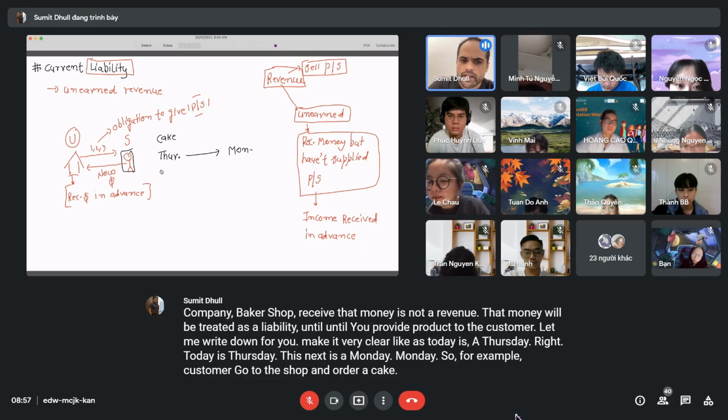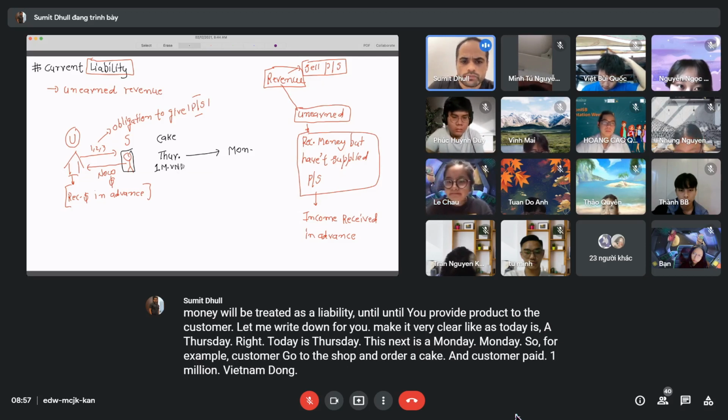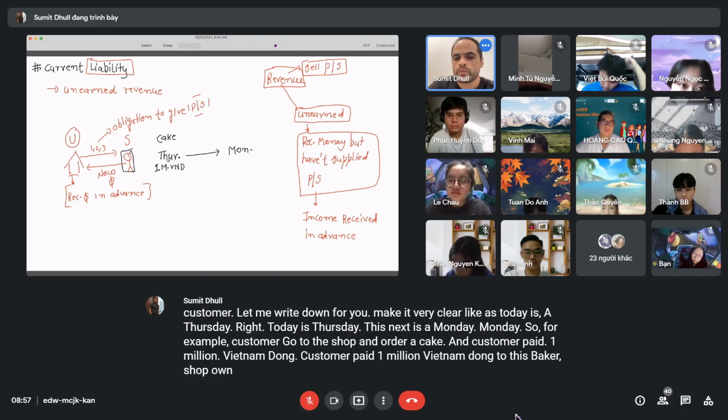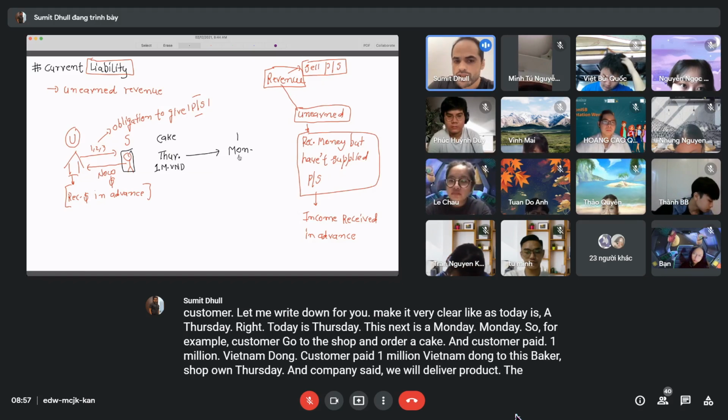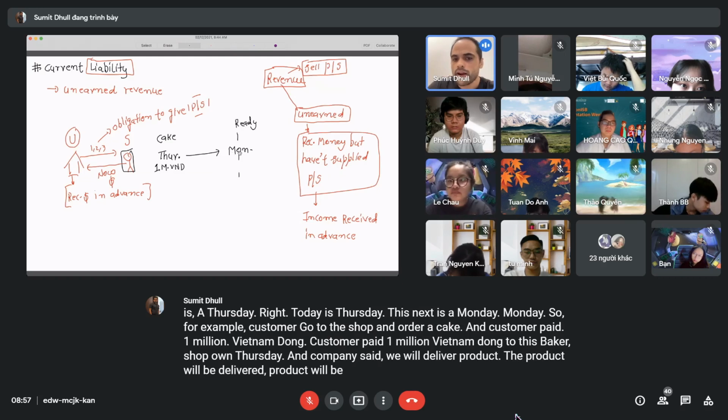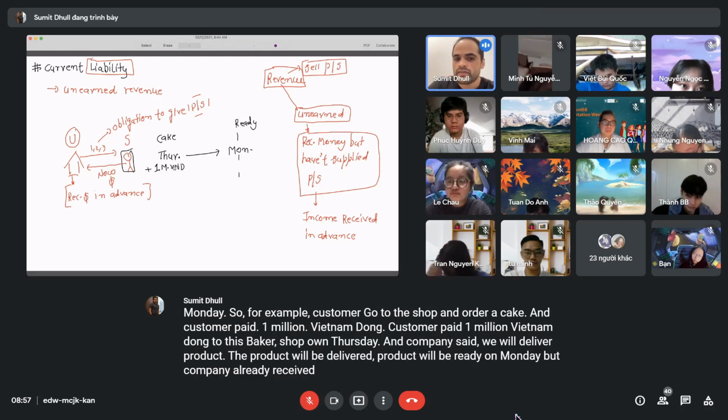And the customer paid 1 million Vietnam dong to this baker shop on Thursday. And the company said, we will deliver the product; the product will be ready on Monday. But the company already received this 1 million Vietnam dong.